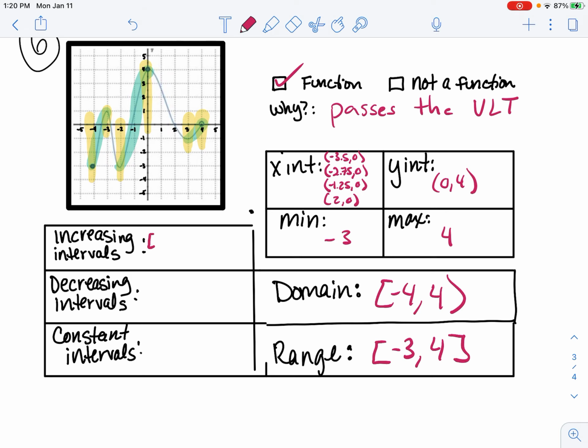So yes, from -4 to -3, where it changes directions, so parenthesis, and from -2 until 0, and from 3 until 4. This is an open circle, so still parenthesis.